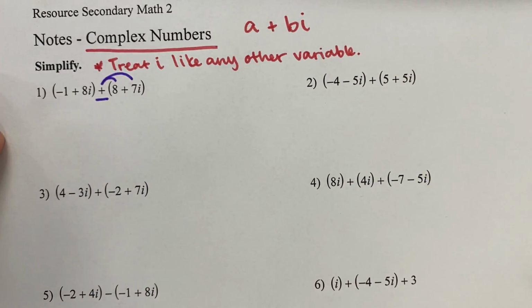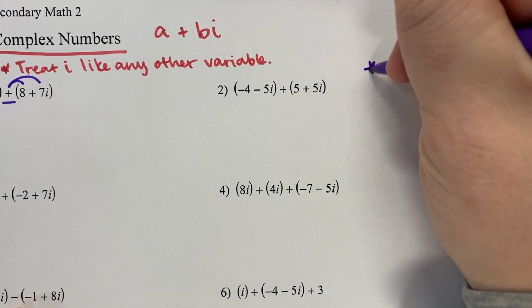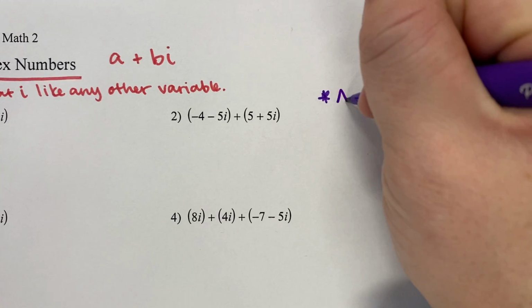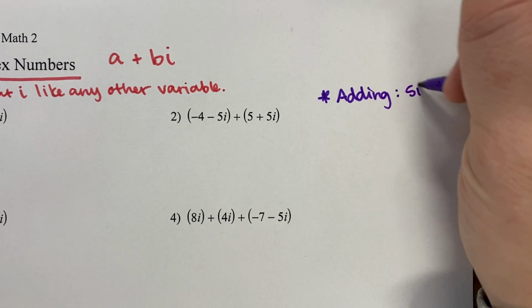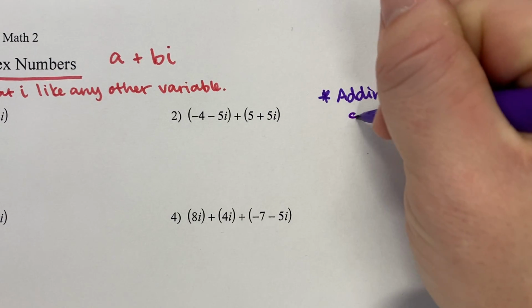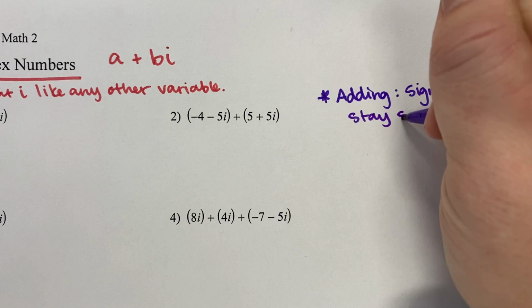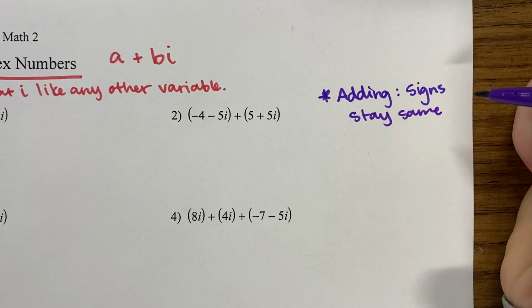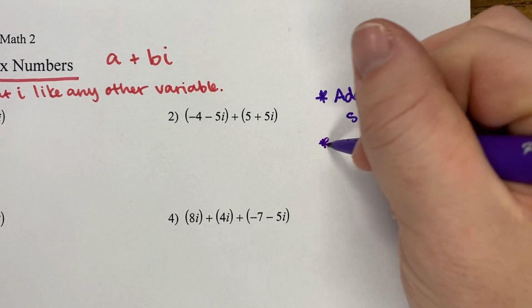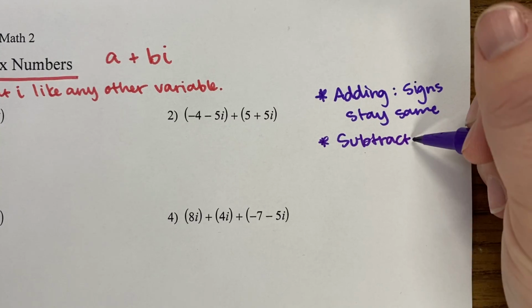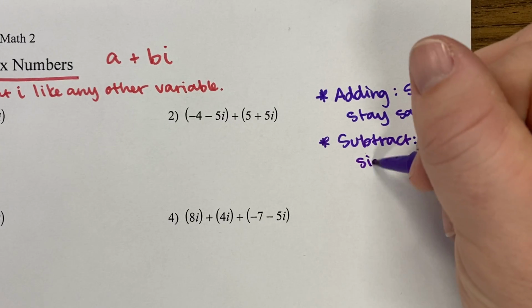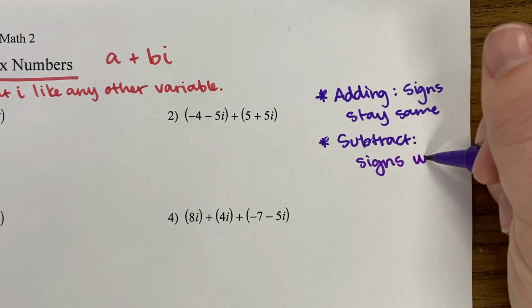the same. Okay, so remember, we talked about this rule a while ago. When adding, signs stay the same. And when subtracting, when you see a subtraction sign, the signs after it will change.